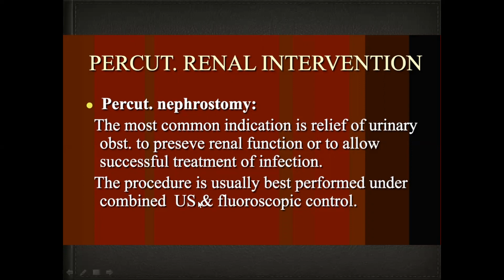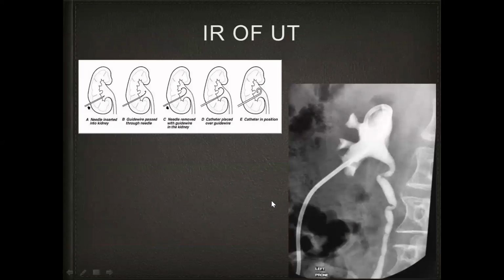So we can do it under ultrasound. Sometimes we may need fluoroscopy. It's the same principle, Seldinger technique. We put a needle into the pelvic system. Through the needle we put a guide wire, usually J-shaped. We remove the needle, then dilate the tract with what are called dilators.